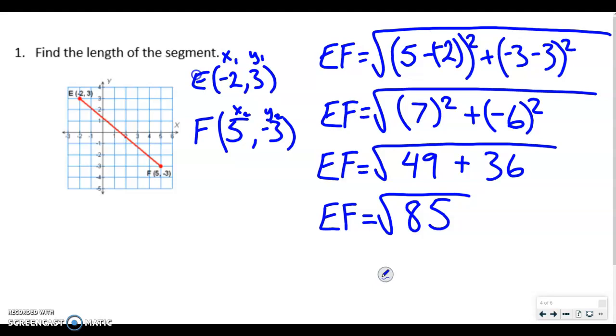And then here you'll probably want a calculator and type in square root 85. And we're going to round to the nearest tenth. So it's going to round to 9.2. So that curvy, what looks like an equal sign, but it's curvy, just means approximately, which shows that we rounded it. So approximately 9.2.